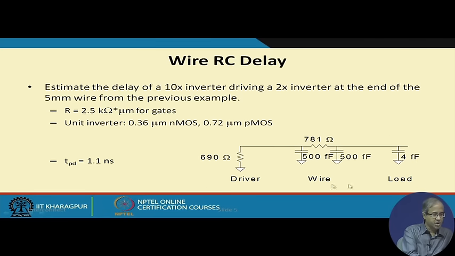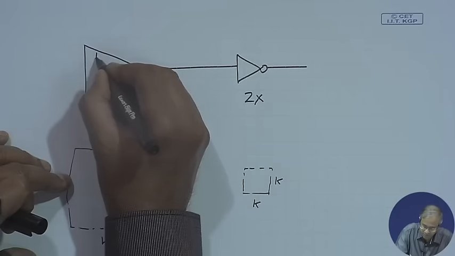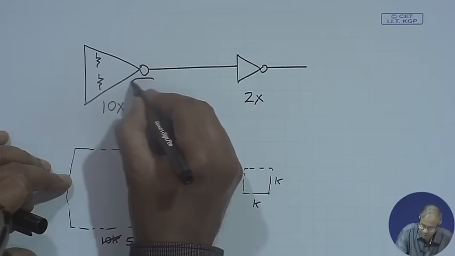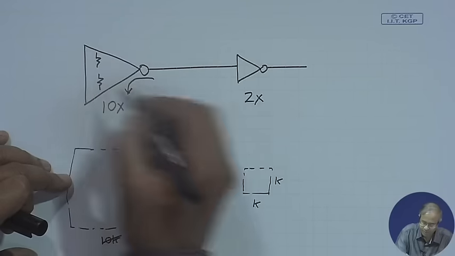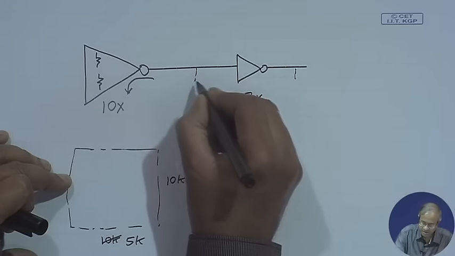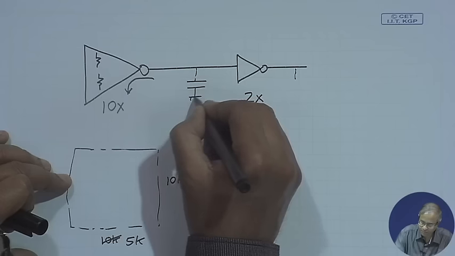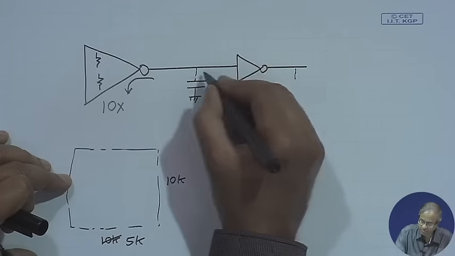So, if you simulate this whole circuit now, you have modeled the driver, there is an inverter which is driving effectively. What I am saying is that there is a pull down, there is a pull up. In this model I am looking at the path to ground. So, pull down is 690 ohm, and here there is a capacitive load which indicates the sizes of the pull up and pull down transistors.